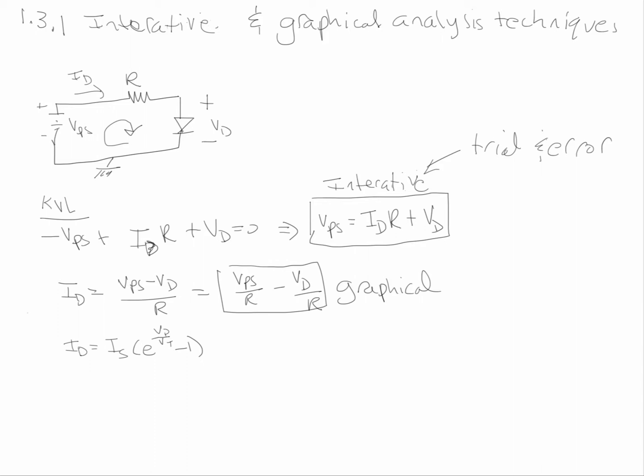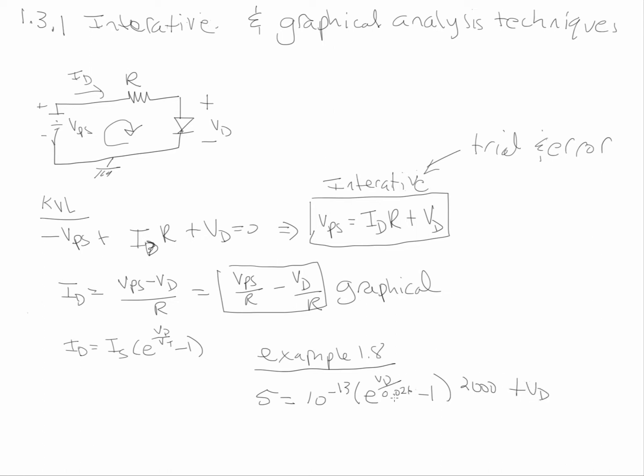So in example 1.8, they tell you that V power supply is equal to 5 volts, and that the reverse saturation current is 10 to the minus 13, and we're going to go e to the VD over 0.026 minus 1, so that's our ID, all of that times R, which they told you was 2,000 ohms, plus VD.